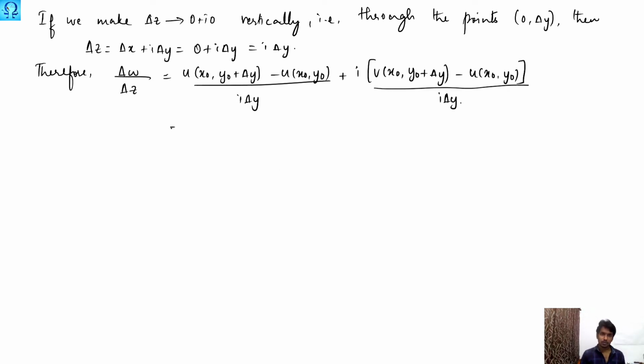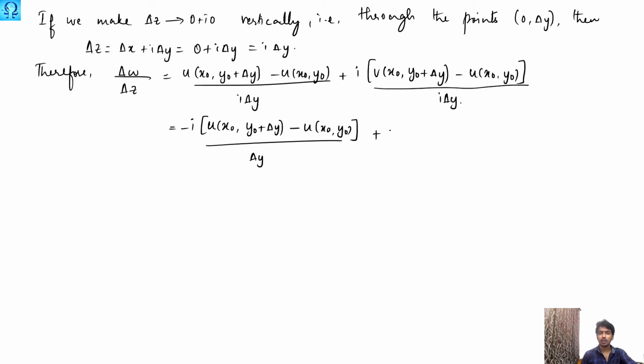We usually do not have the iota in the denominator, so we multiply and divide by its conjugate, so we get minus iota times u of x naught comma y naught plus delta y minus u of x naught y naught upon delta y.